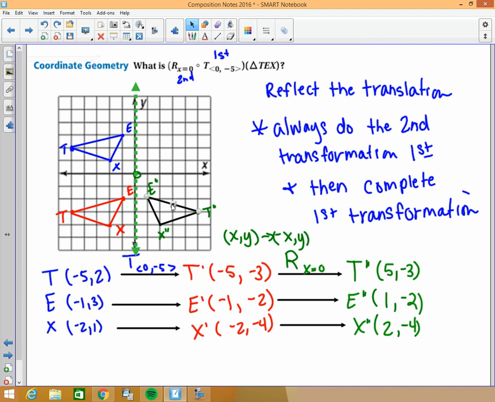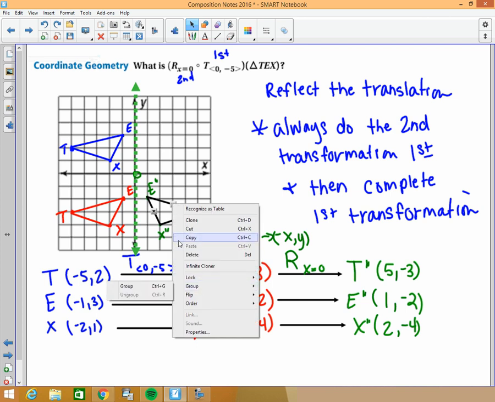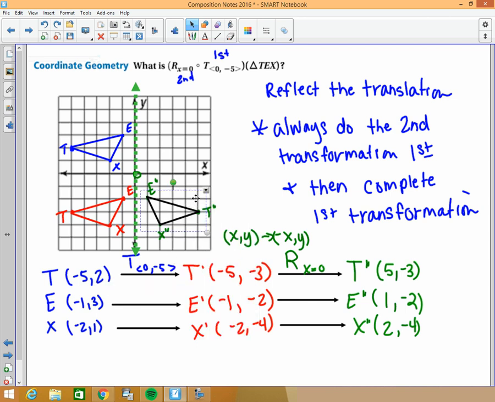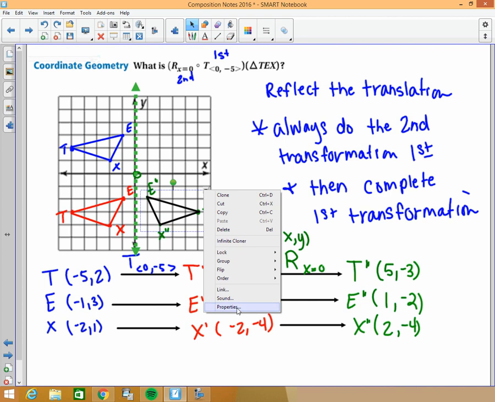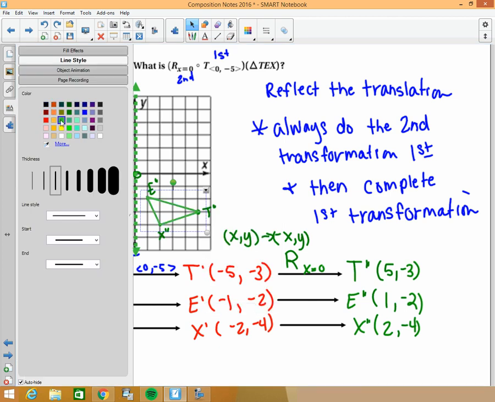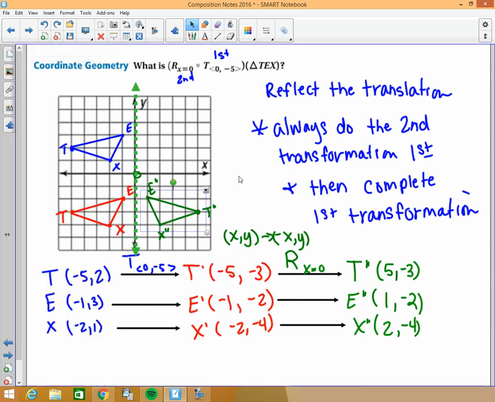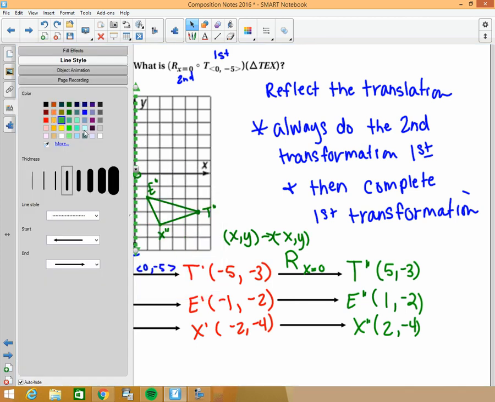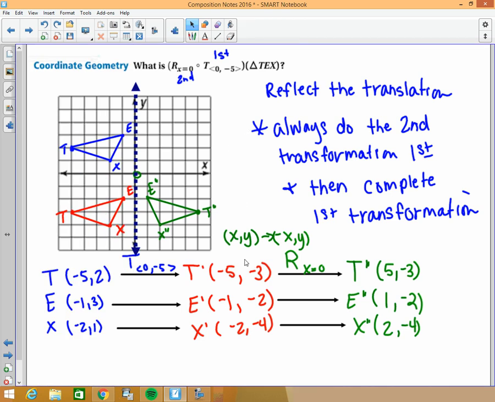Okay, and then I'll make them green so we can see what we've done here. So if you look, basically we have translated and then reflected.